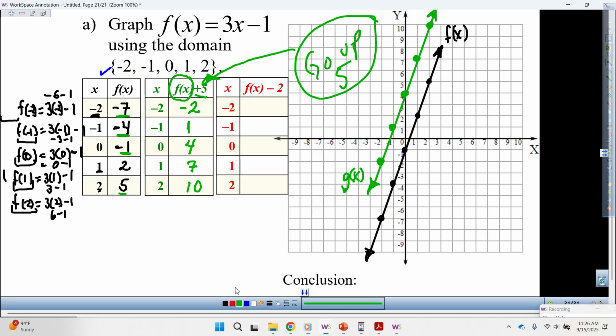Now check this out. Without filling in this table, look up. Without filling in this table, I want you to graph me f of x minus 2. So f of x is the black one. Where would I move the 5 points to get our new function? Do that by yourself, please.